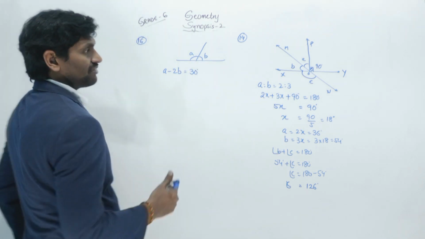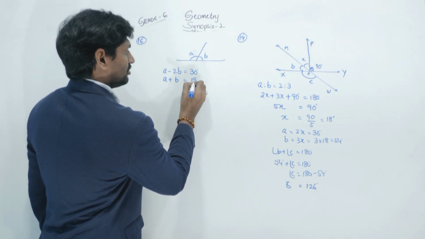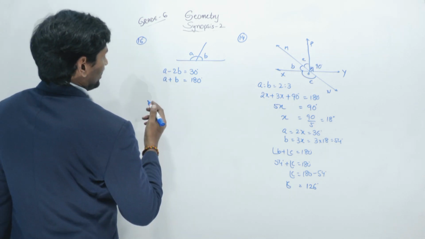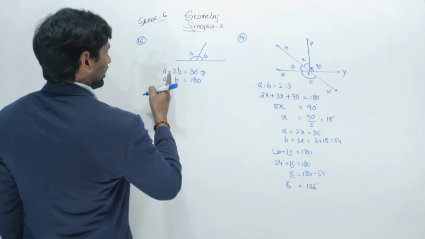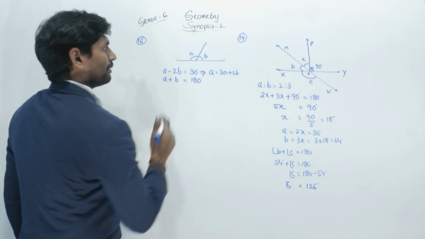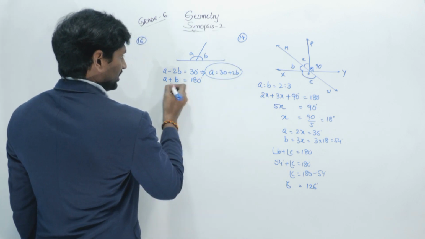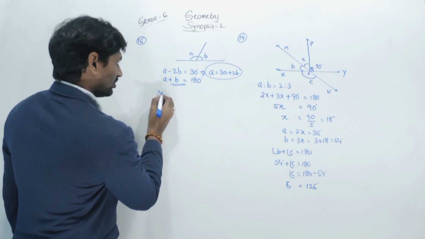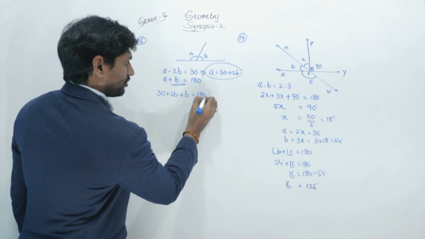From the figure, A plus B is 180, am I right? A plus B equals 180 degrees because of a straight line. From the first given information, A equals 30 plus 2B, because I transpose the minus 2B. Now substitute this 30 plus 2B in the second equation: in place of A, 30 plus 2B, and plus B equals 180.